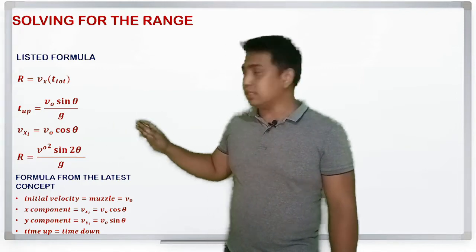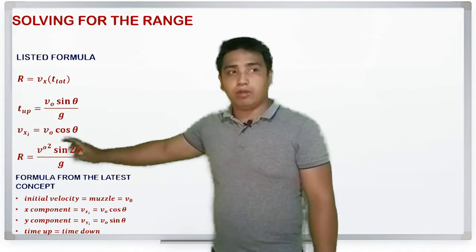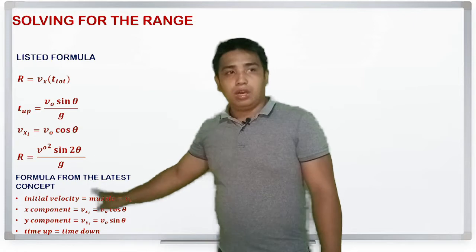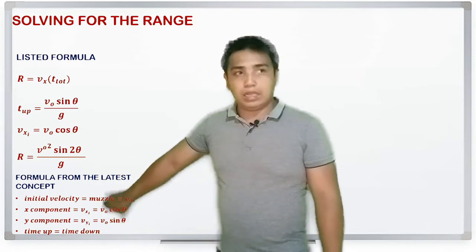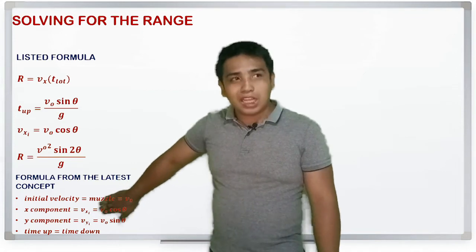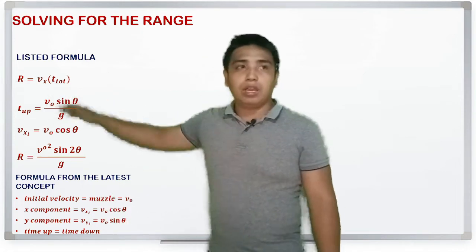So remember guys that vx there is equivalent to v0 cosine theta. Alright, so here is where I get the concept.